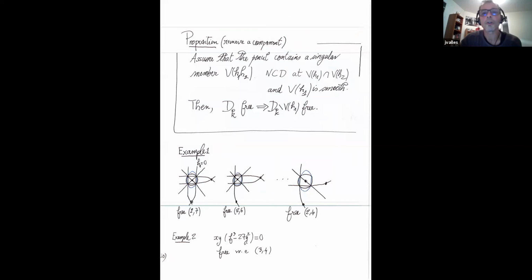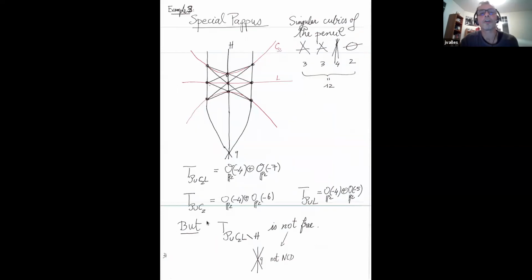Okay, another example is a special pappus. Well, I like to put some pictures. If you consider this particular pappus, you see that inside this pencil you have one triangle, a black one, another triangle, another black one here, and the third union of lines is not a triangle; it's three concurrent lines.